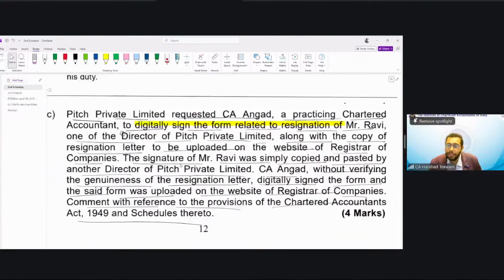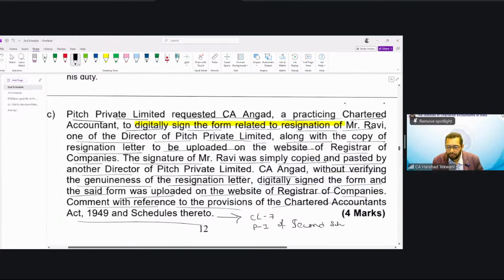So in this particular case, no other clause will apply, and I will apply clause 7, part 1 of the second schedule. Clear? Any doubt? And let us see the answer.